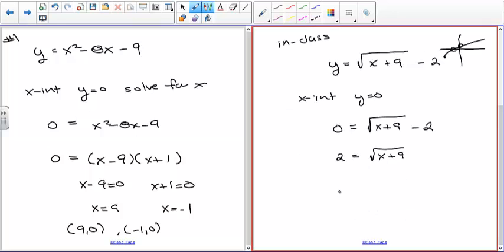And if you square that, you'll get 4. On the left-hand side, you'll get x plus 9. Subtract 9 from both sides. So you get x equals negative 5. It's your x-intercept, where y equals 0. So you're going to have negative 5 comma 0.